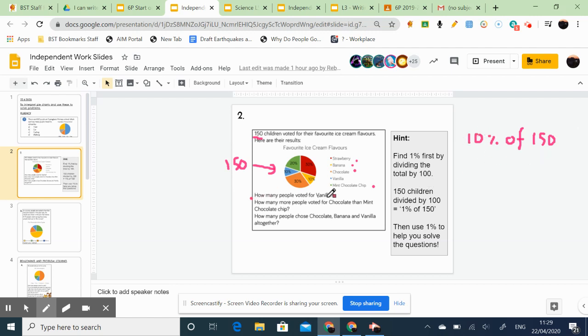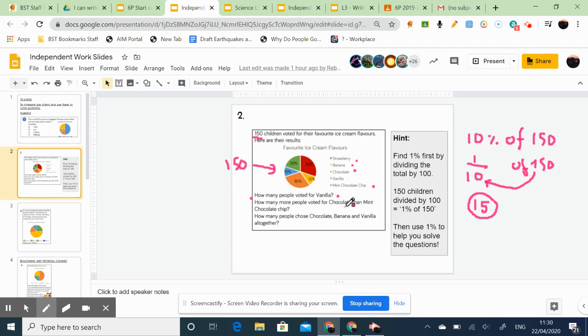That's the same as saying 1/10 of 150, which is 150 divided by 10, because remember, we always divide by the denominator. 150 divided by 10 is 15. So I know how many people voted for vanilla.